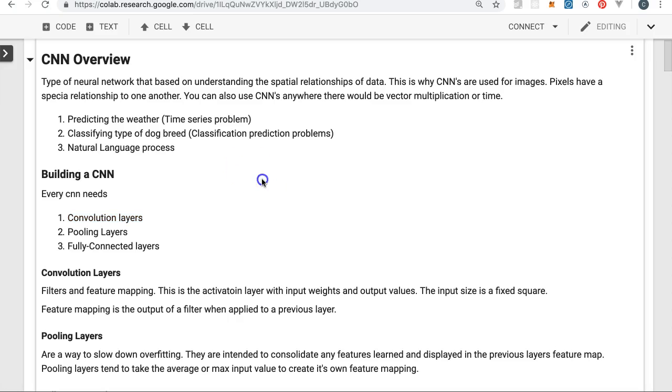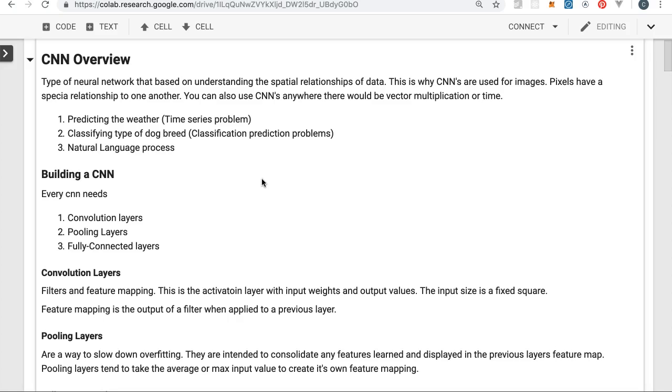So there are three layers to building a CNN. The first one is the convolutional layers, and this is where we do feature mapping. The CNN just kind of says, I'm looking for specific things in the image itself, and it runs across it from left to right, taking notes into its own vector, right?